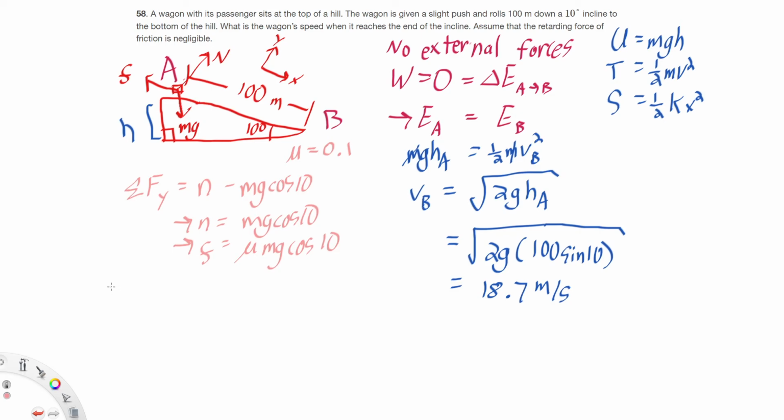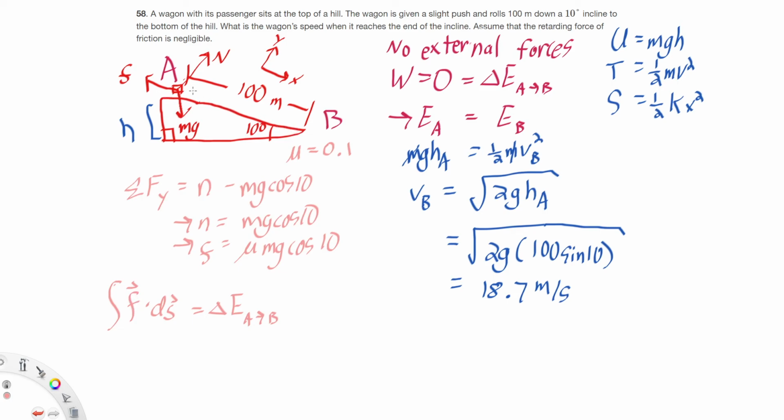So we have now the integral of F dot ds equals the change in energy from A to B. The friction is a constant force along this length, right?